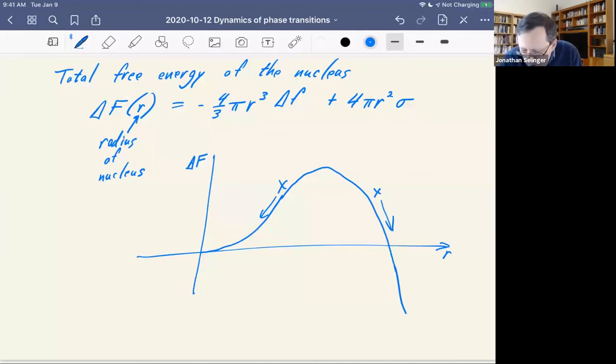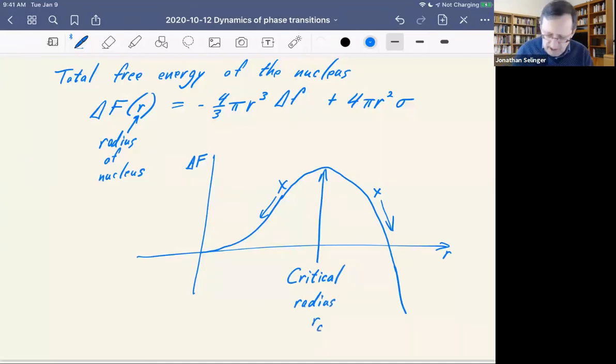And the borderline between those things is determined by the maximum of that plot. People call that the critical radius, let's say RC.